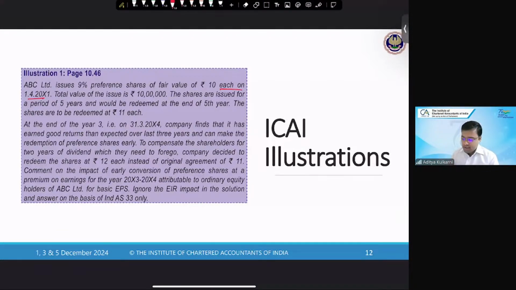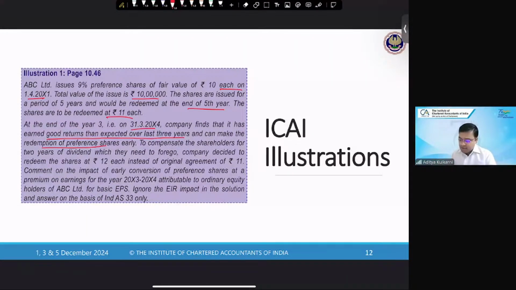Total value is 10 lakhs. The shares are issued for 5 years and would be redeemed at the end of the 5th year at rupees 11 each. At the end of the 3rd year, on 31st March X4, the company finds that it has earned good returns, better than expected over the last 3 years, and can redeem the preference shares early.